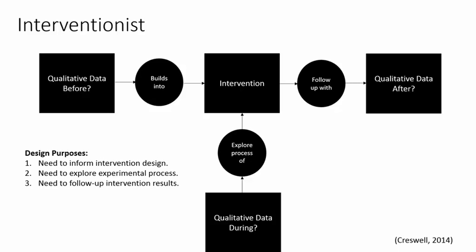As we mentioned before, there might be outliers of some kind. I could be interested in exploring those outliers and getting a better sense of what's happening with these people by following up with qualitative interviews or focus groups or whatever.